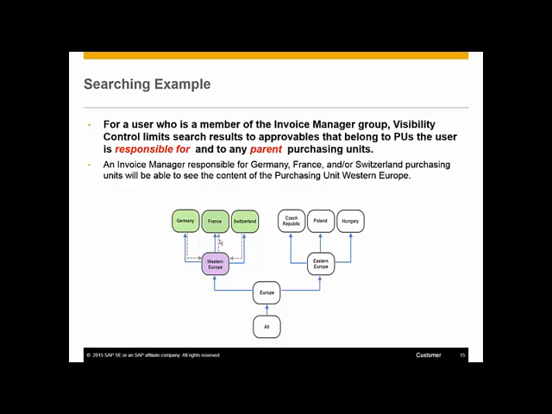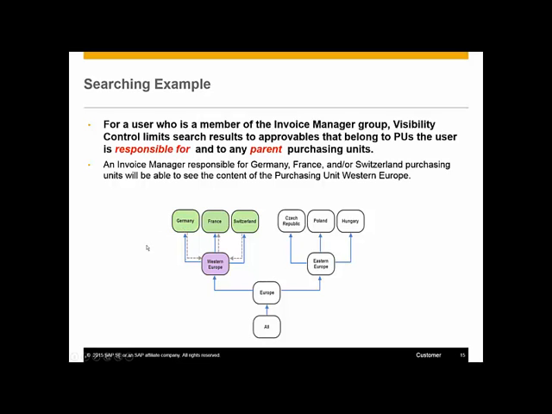The following is an example of how we can also limit searches based on purchasing units. We've seen this hierarchy in an earlier slide where we have a geographic purchasing unit for all, and then underneath that we have the European region. Europe is further broken down into the east part and the west part of the continent, and that's further broken down into the respective countries.